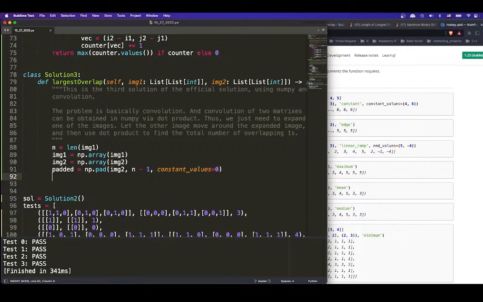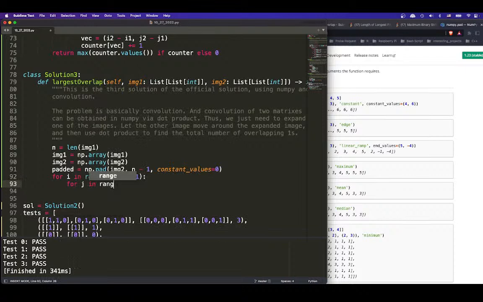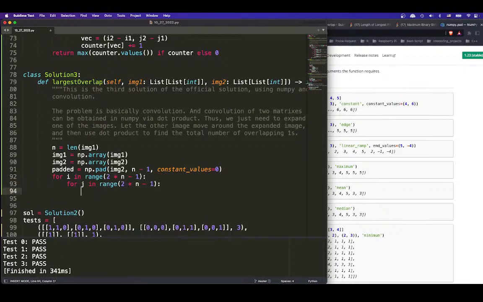Now we're just gonna go for i in range 2 times n minus 1. That's the same as my solution. 2 times n minus 1, right? Now we go through. So we're gonna say padded kernel, right?